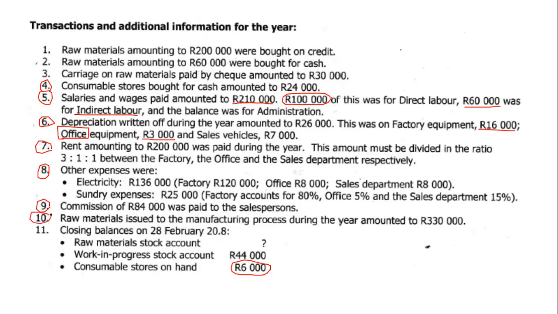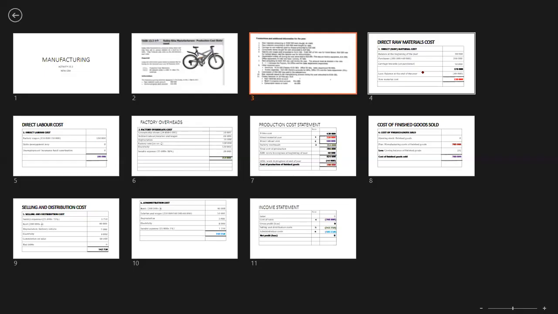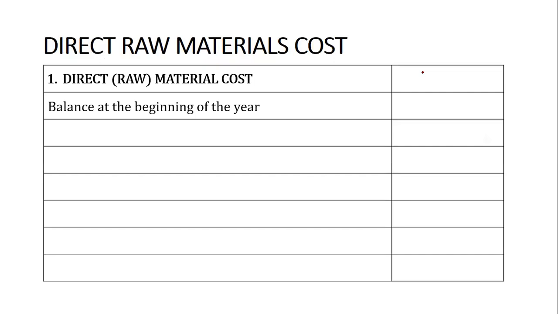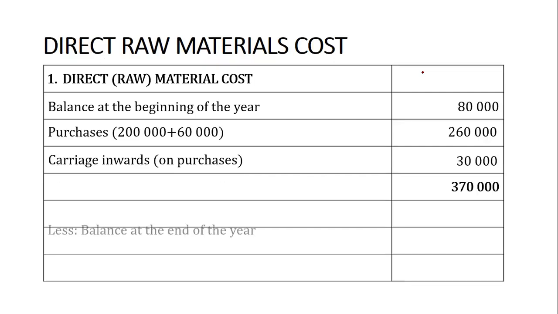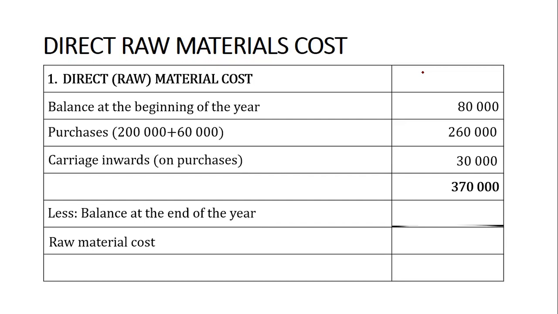Number 10 is going to be our raw materials issued. So it goes to note number 1 as raw materials issued. You will also note that we were not given the balance at the end of the year.